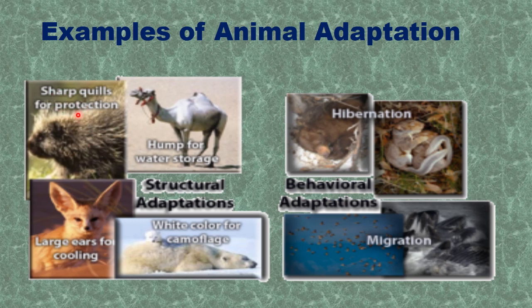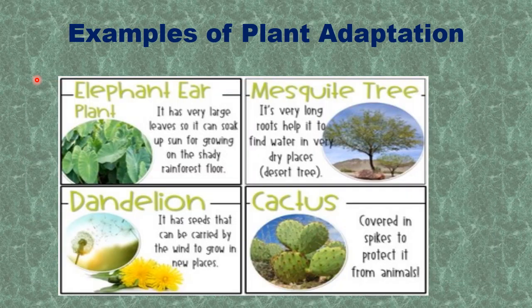This one is sharp quills for protection by this animal, long ears for cooling in fox, white color for camouflage in bears, hump for water storage in camels, hibernation even in bear, migration in birds. These are all examples of structural and behavioral adaptation found in animals.